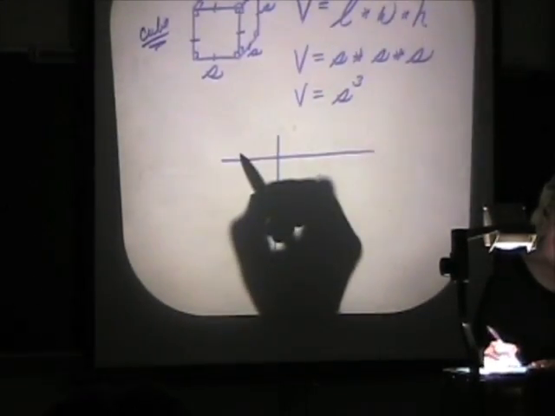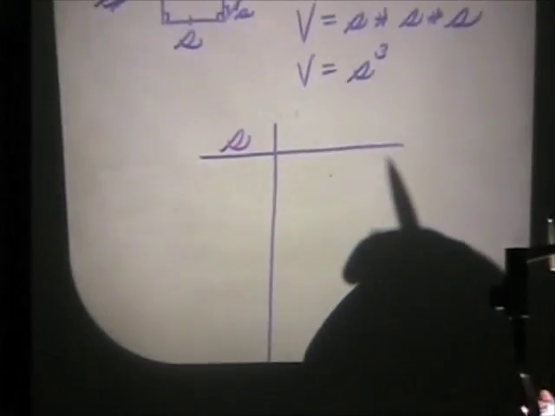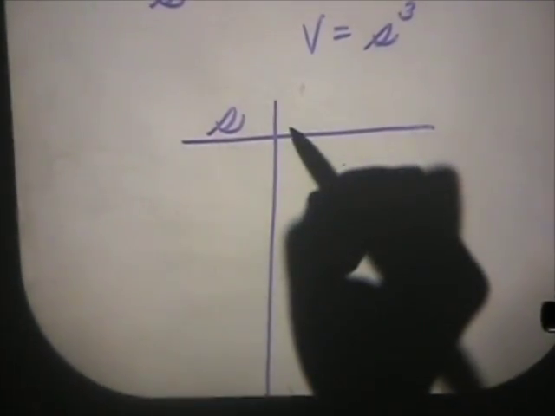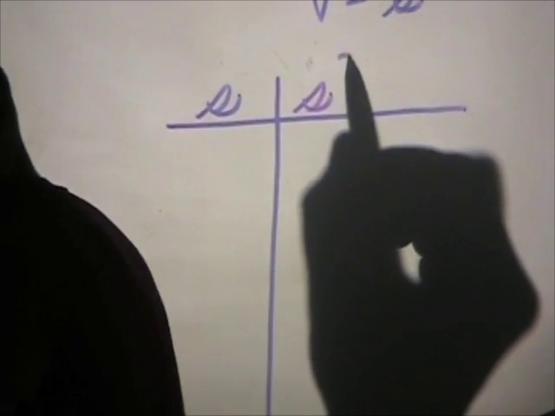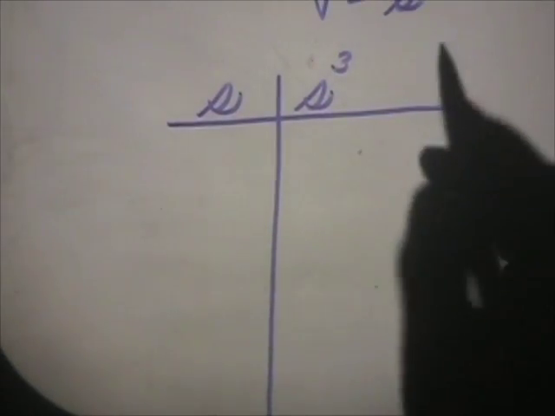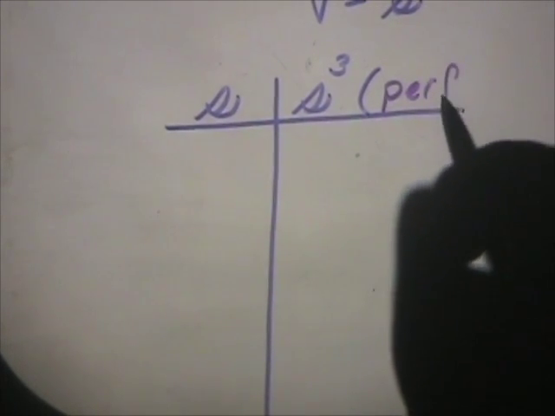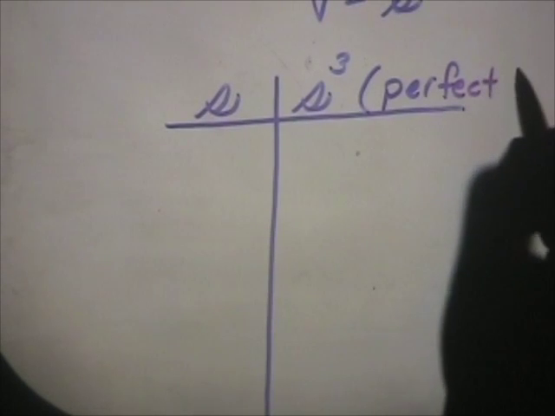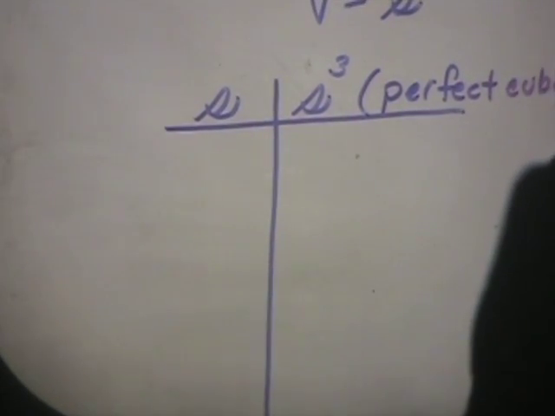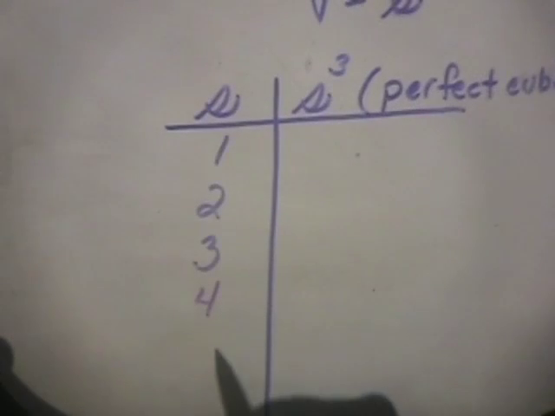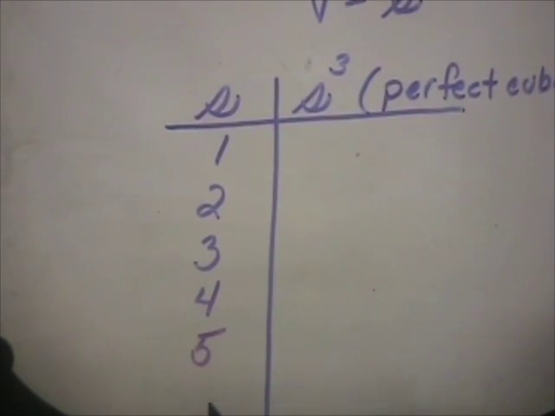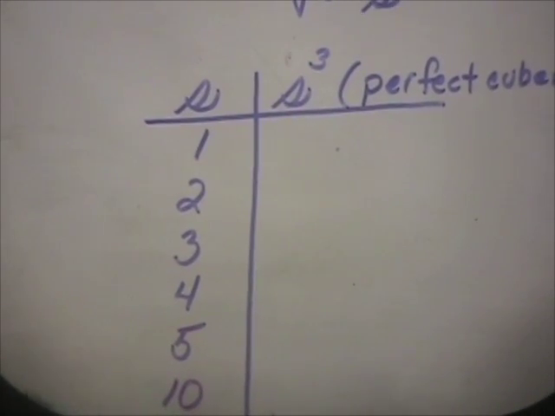Now, when you say S cubed, the first column is S, and the second column is S to the third power. And I'd like you in parentheses to please call that perfect cubes.